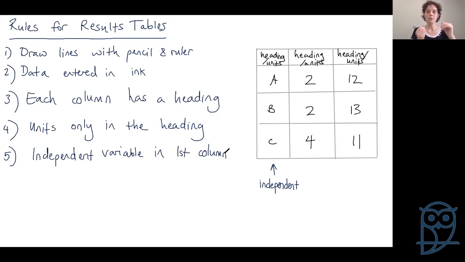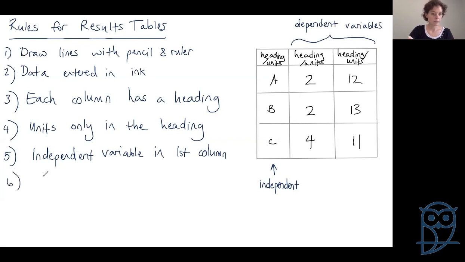This beaker has warm and this beaker has cold. I'm measuring at 5 minutes, 10 minutes, and 15 minutes. It's the thing that you're controlling and that you're changing to see the effect. And we see the effect on the dependent variables. So subsequent columns, maybe it's one, maybe it's more, are your dependent variables.